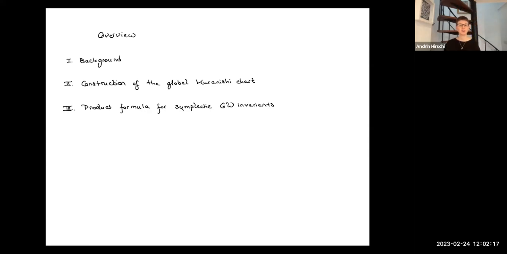And in the end, I will show you why you might like to have such a global Kuranishi chart, why it makes your life simpler, by proving a product formula for symplectic Gromov-Witten invariants. This formula essentially says if you have a product of symplectic manifolds, you can express its Gromov-Witten invariants in a simple way using the Gromov-Witten invariants of the two factors.